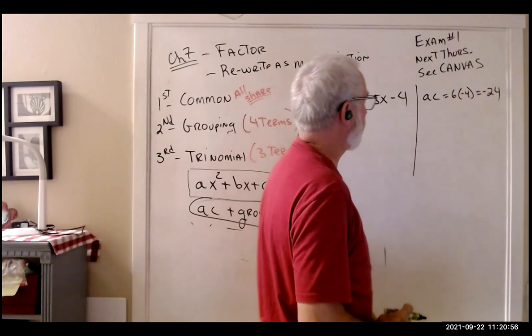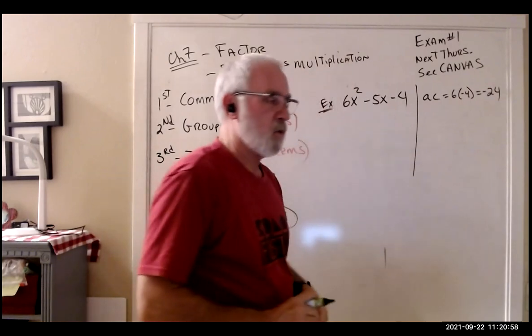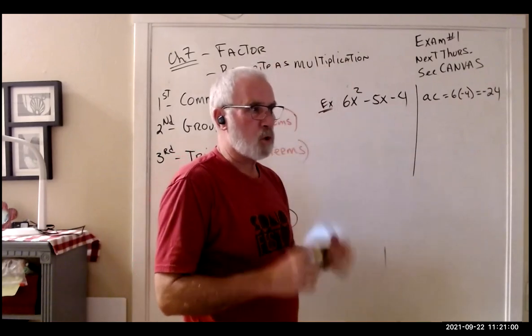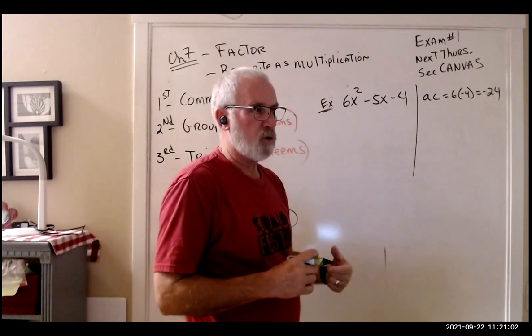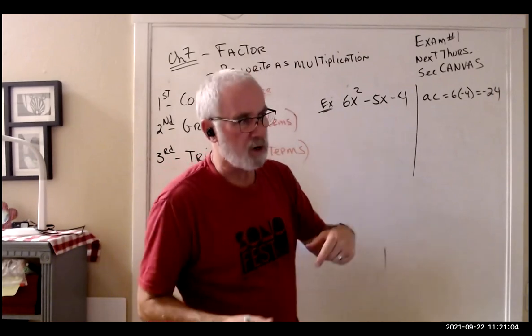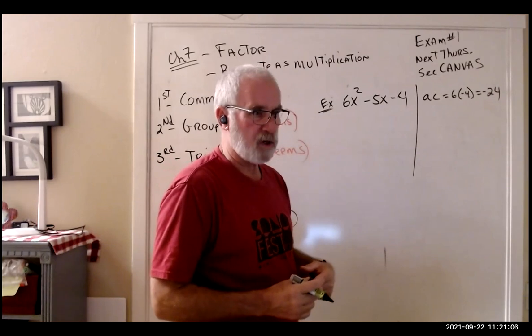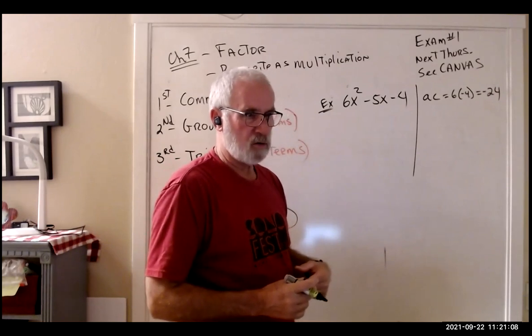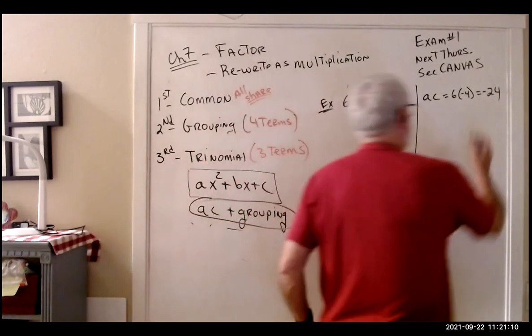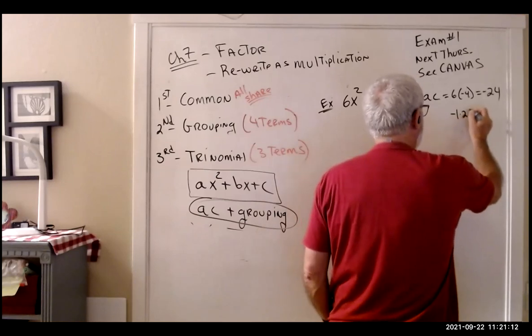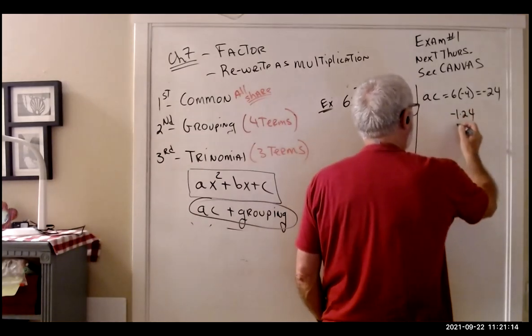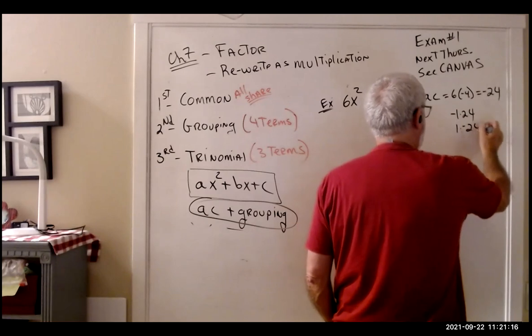Now you quickly run through your multiplication tables. What times what makes -24? Well, it could be -1 times 24, or 1 times -24.